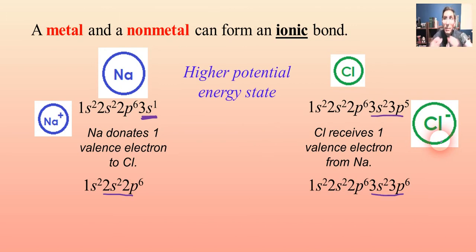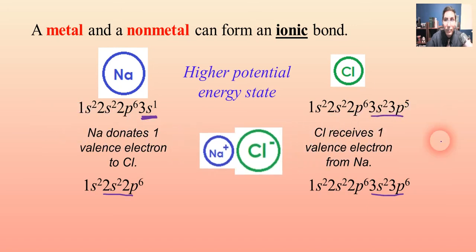When ions tend to be farther apart from each other, they have a higher potential energy state. Well, when they move together like this, now they have a lower potential energy state. So remember, farther apart, higher potential energy, closer to each other, lower potential energy.